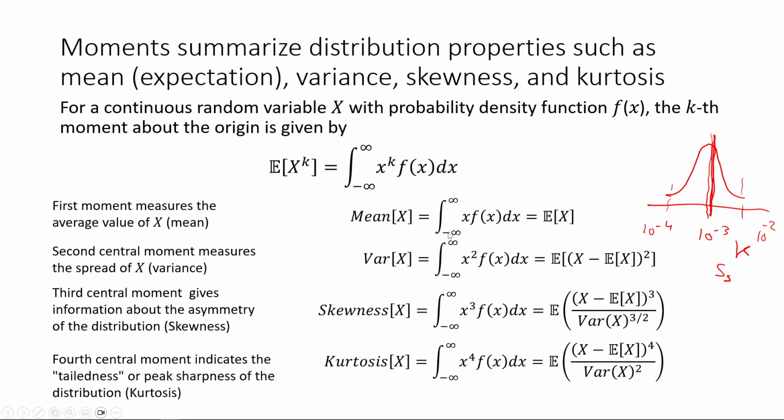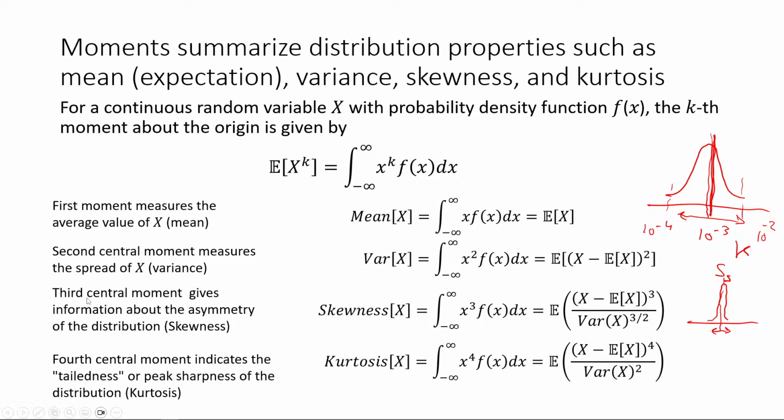So you integrate from negative infinity to infinity of this guy, where x to the power k has k equal to 1, and if you do this integration, you'll get the mean value. The second moment, where k is equal to 2, measures the variance. The variance is the spread, how spread this guy is. Here you see this guy is spread versus this guy is not very spread, it's narrow. That's the variance.